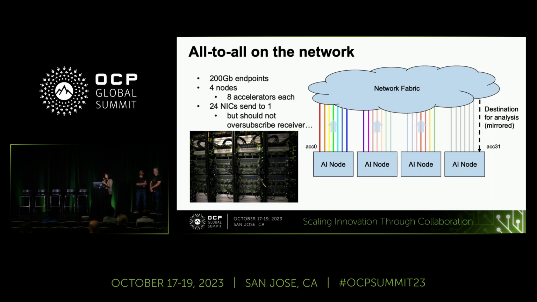All the charts and analysis that you will be seeing in this presentation are based on the packets to this specific destination. Now, in an ideal scenario of all-to-all communication pattern, since every accelerator sends and receives the same amount of data to every other accelerator in the network, it should not oversubscribe the receiving accelerator. However, as you'll see in our coming slides, this is not always the case.